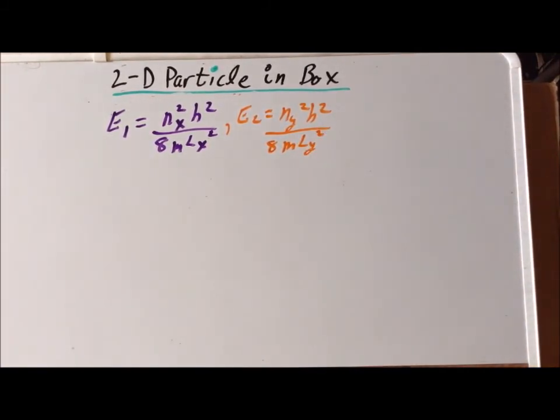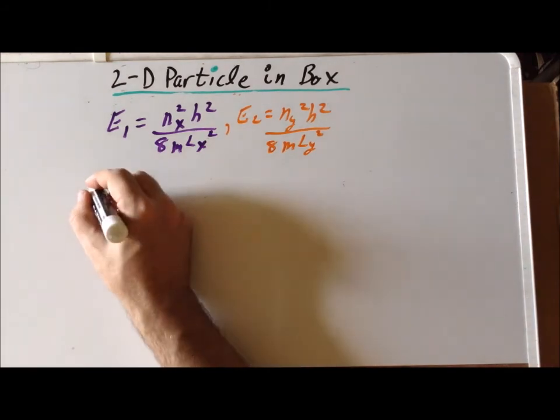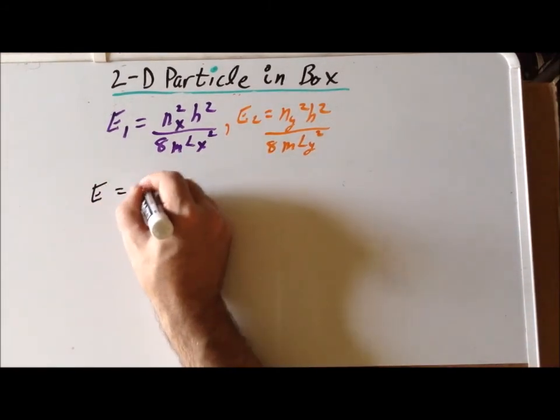And since we wrote it as a separable function where we multiplied a function of x times a function of y, one of the beautiful results of those types of solutions to a differential equation is that the energies are going to be added together. So if we have a wave function solution that we get by multiplying two functions, the energies are going to be added together. So the total energy is simply E sub 1 plus E sub 2.